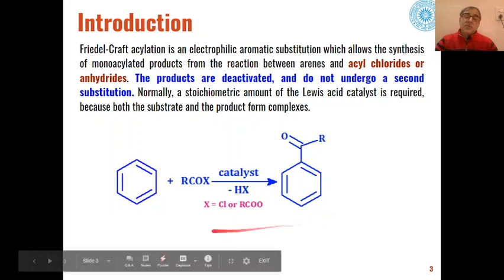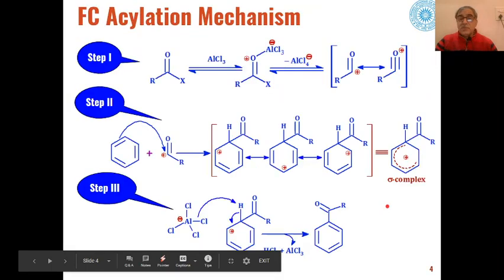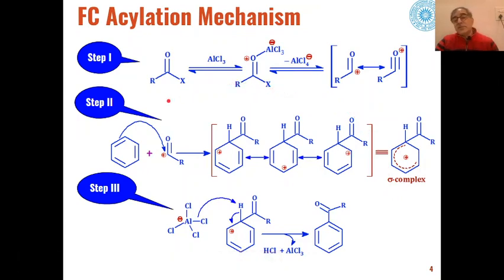And this whole process of conversion of aromatic systems into aryl alkyl ketones is called Friedel-Craft acylation. The mechanism is similar to what we have seen in the previous halogenation or nitration or Friedel-Craft alkylation.